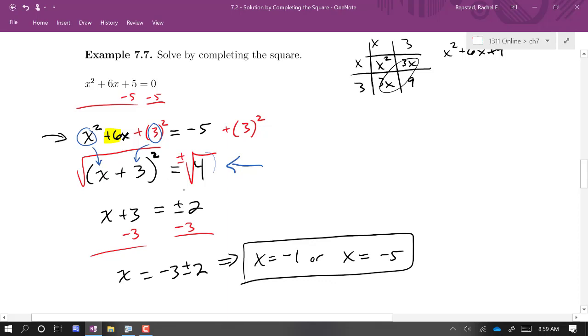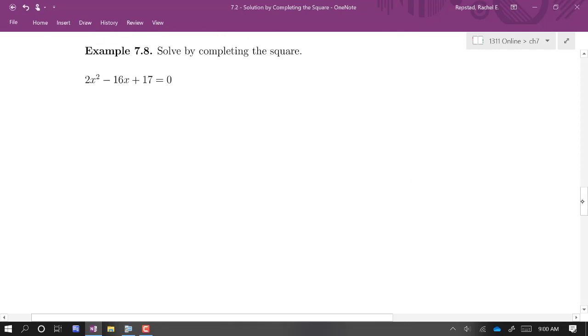So when that happens and you get these sort of nice solutions, that's an indication that your quadratic would have factored in the first place. So you could actually solve that one by factoring, and maybe when you looked at it, you already saw that you could factor the x squared plus 6x plus 5. But not every quadratic will factor, and that is why we need more techniques, more than just factoring to help us solve. Let's take a look at this next example.